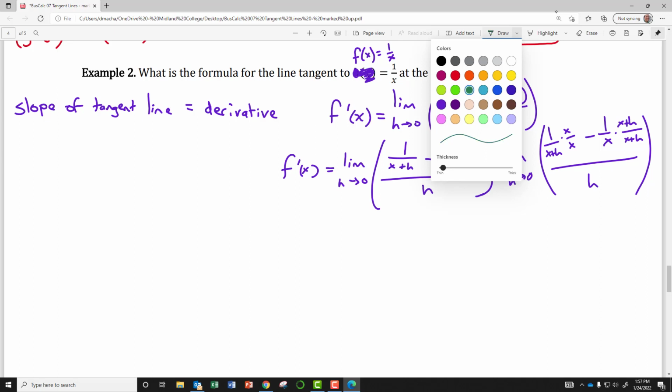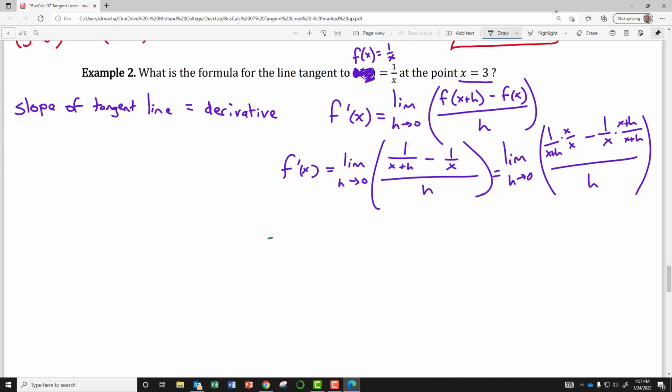Taking the limit as h approaches 0, and multiplying across, this numerator is going to become x over x times x plus h, and then minus x plus h over the same denominator, x times x plus h.